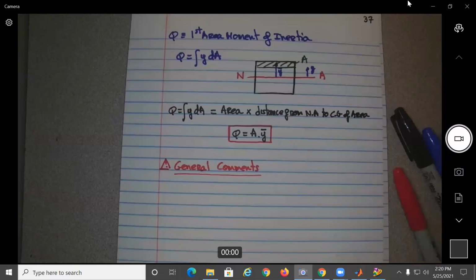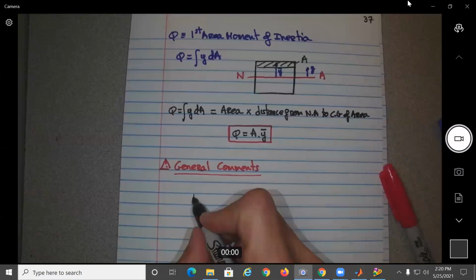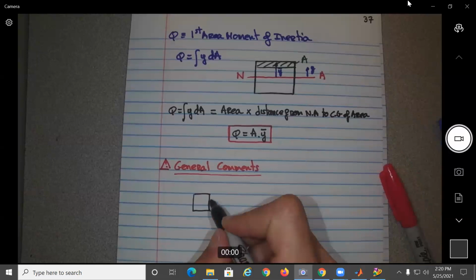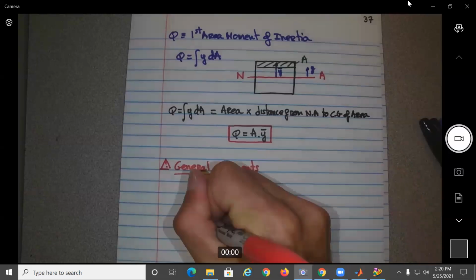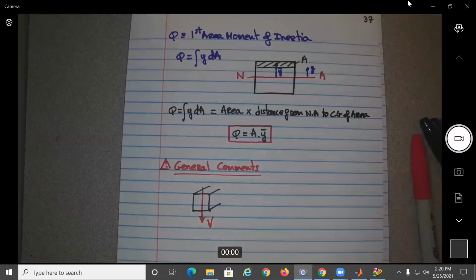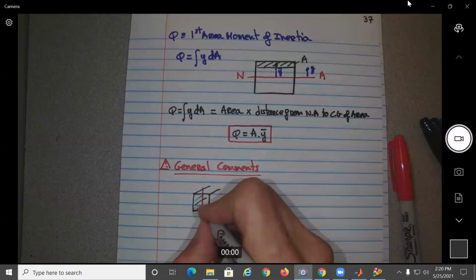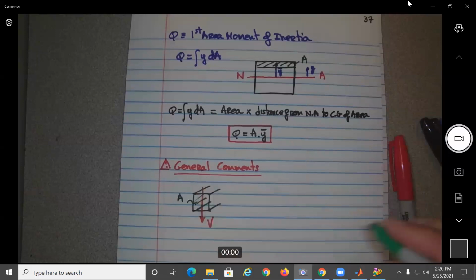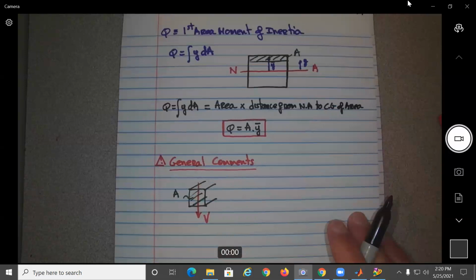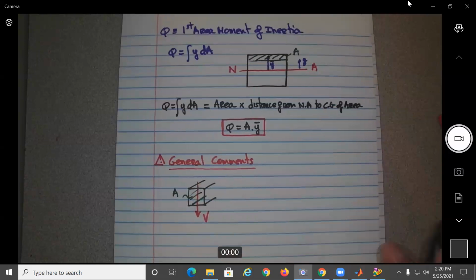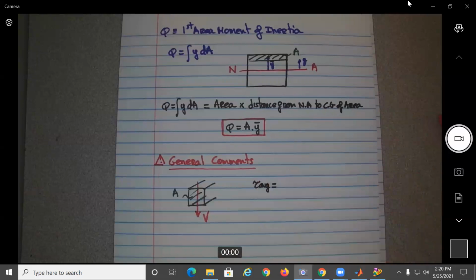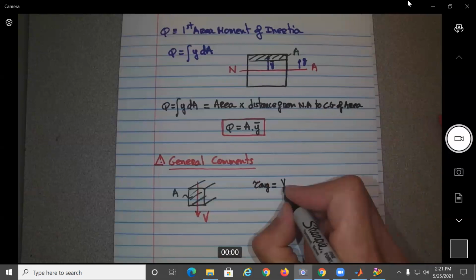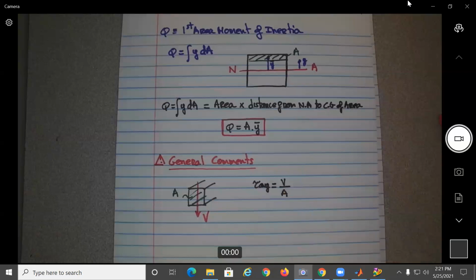So let's say you have a structure that has a shear force acting on an area A. An easy expression to find the shear is to say that the average value here will be equal to the shear force divided by the area.